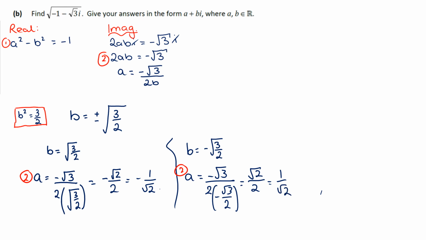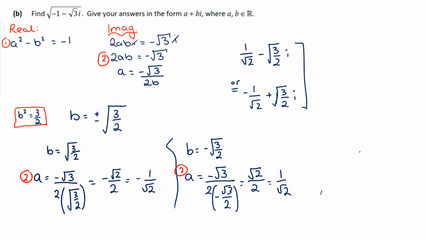So the two numbers are 1 over root 2 minus root 3 over 2 i, or minus 1 over root 2, and that is plus root 3 over 2 i. They didn't specify any particular form.